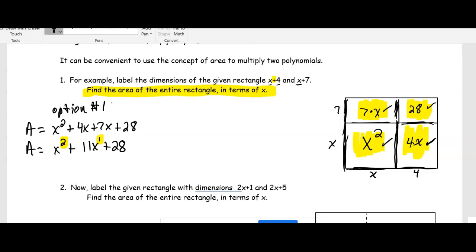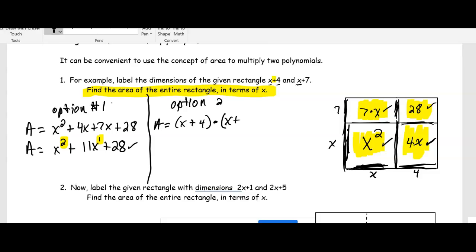Now, long term, option number 2 is the one we're probably going to really focus on. But we better get the same exact thing we got by finding each individually and adding them all up. So option number 2 is taking the overall base of this x increased by an additional 4 and then multiplying it together, just base times height, with this x increased by an additional 7.